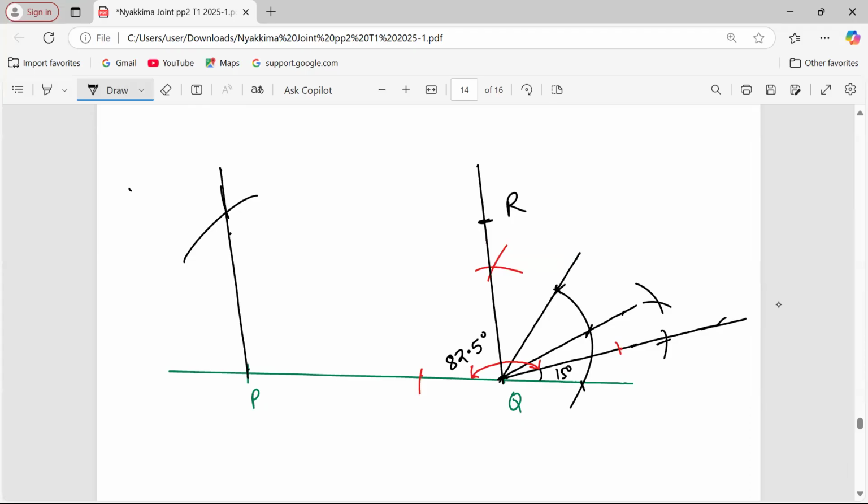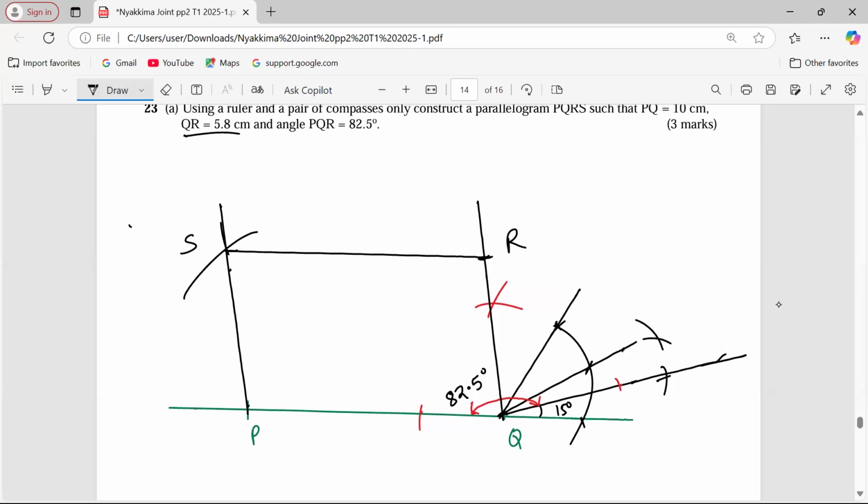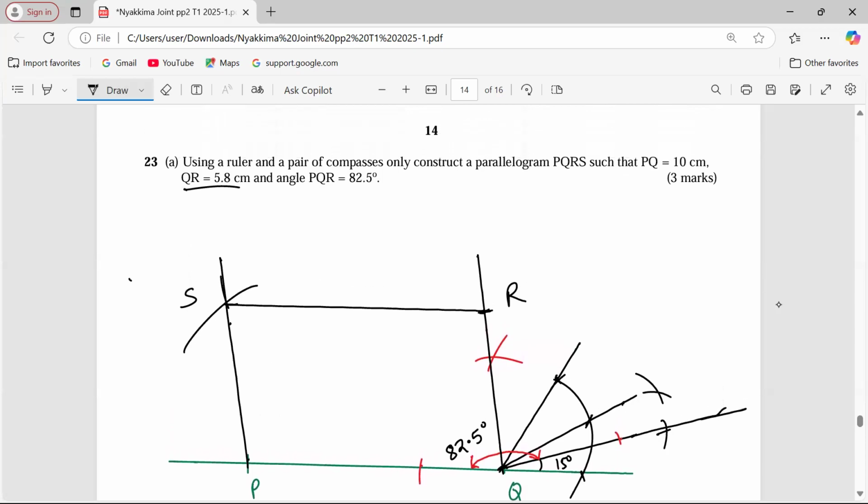Then we can use a ruler to join the new point identified with R. This is supposed to be our S now. So PQRS is a parallelogram perfectly constructed without the involvement of a protractor.